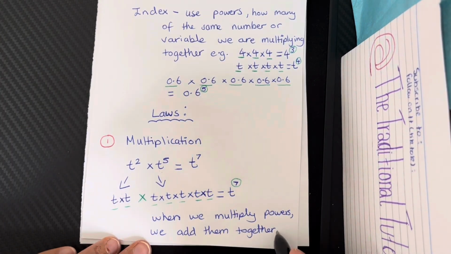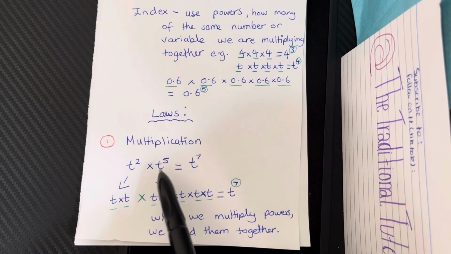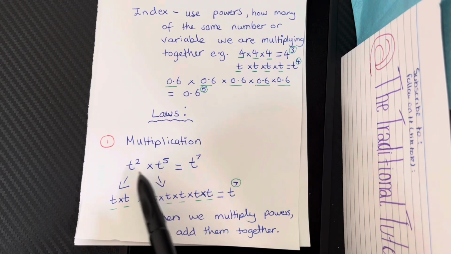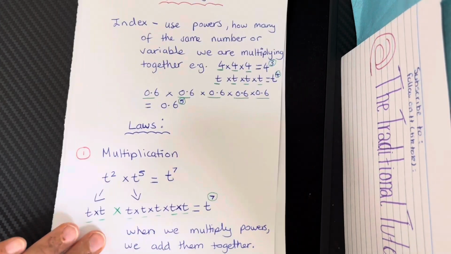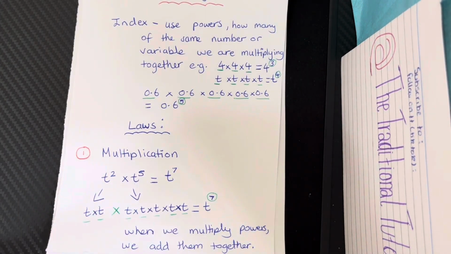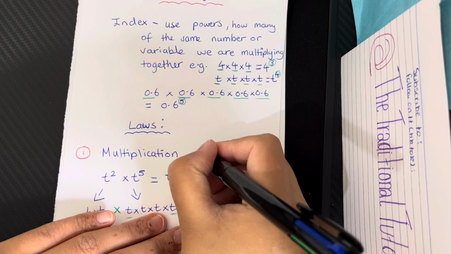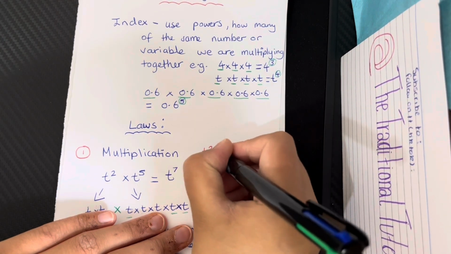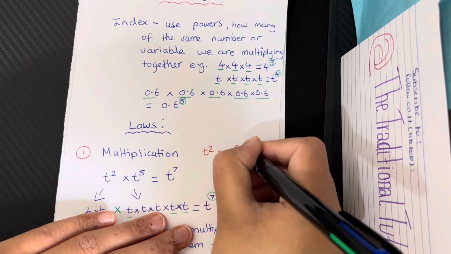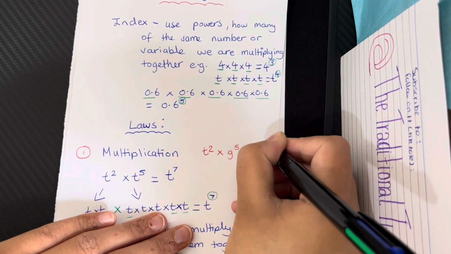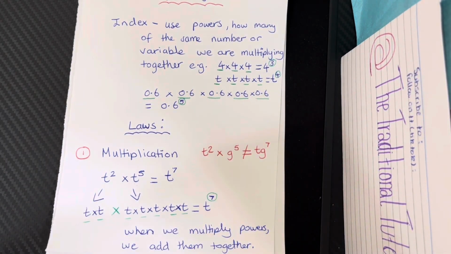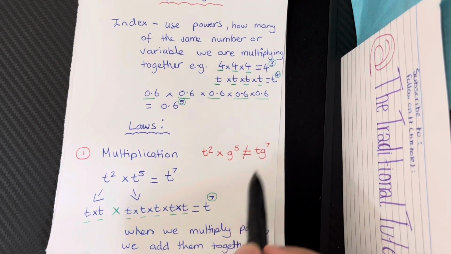And an important point about this rule is that you can only add them if you've got the same variable. It wouldn't work, for example, if we had t squared times by g to the power 5; it will not equal tg to the power 7, or t to the power 7 and g to the power 7.